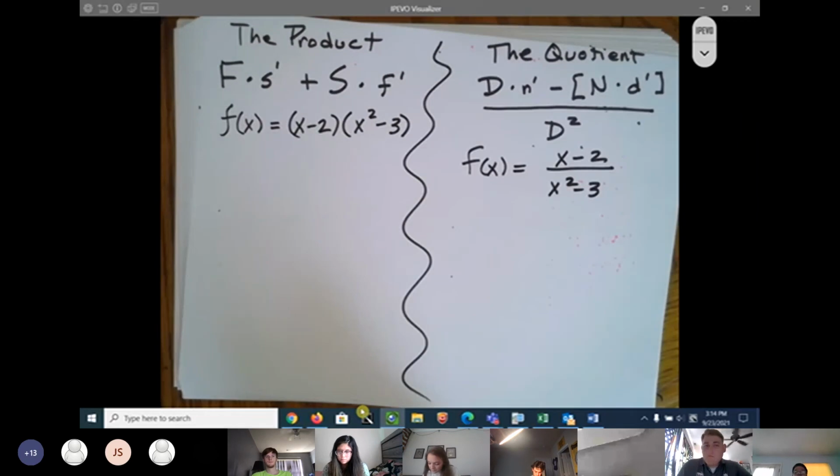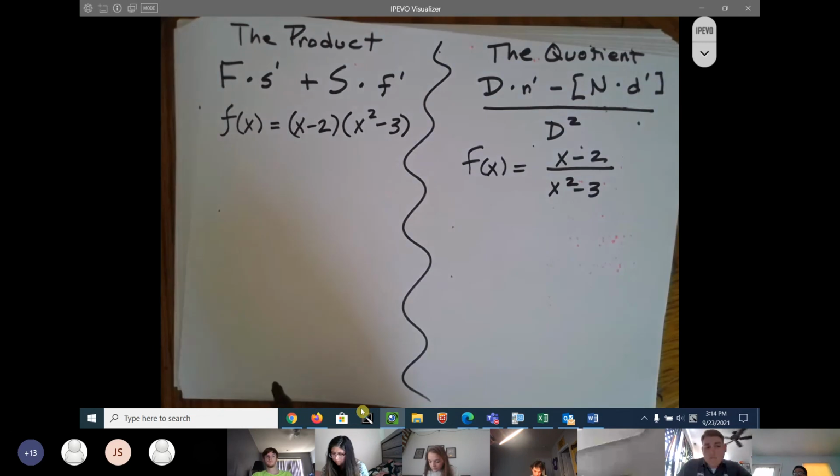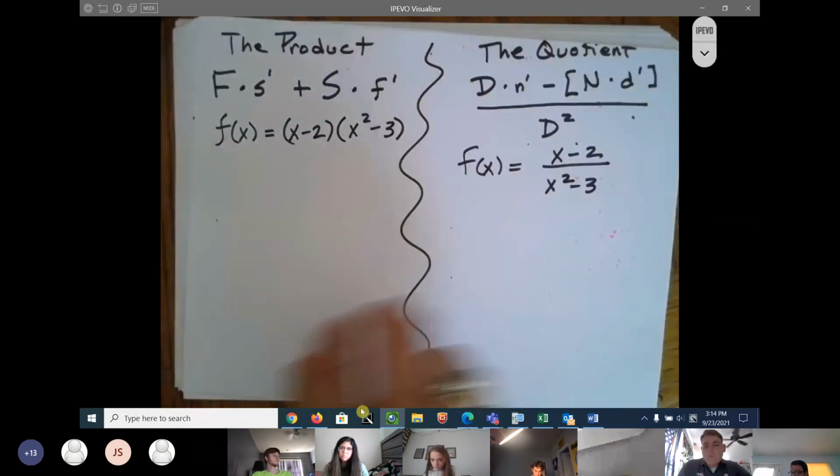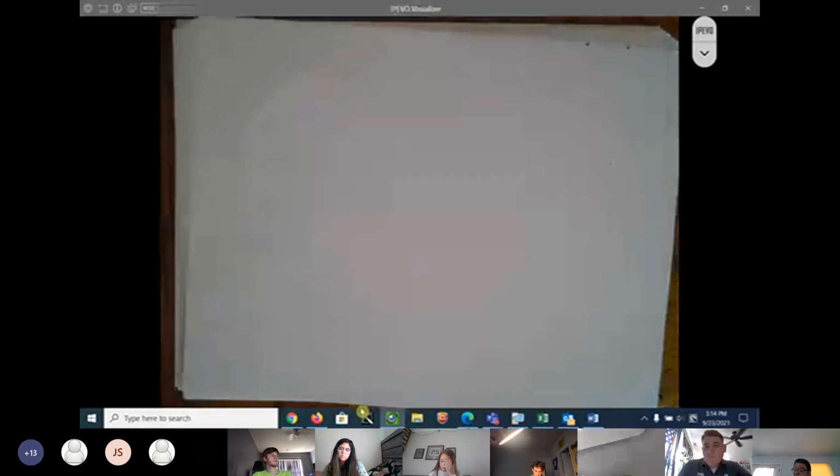So we're going to do each of these so you can see how to do the product rule and the quotient rule. So let's go to the next page so we have plenty of room. You got to give yourself plenty of room for this.